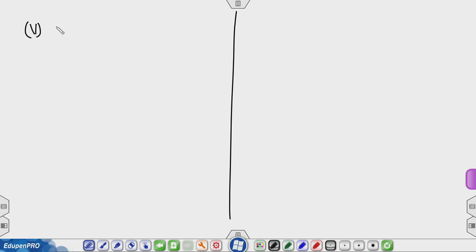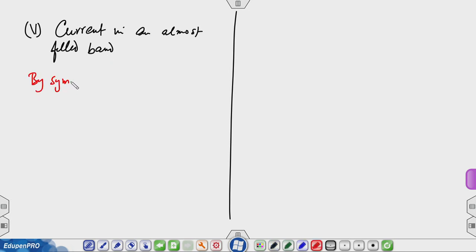Now, number 5, we are discussing about current in an almost filled band. So, again by symmetry, what we have is summation V electrons in all states is 0.